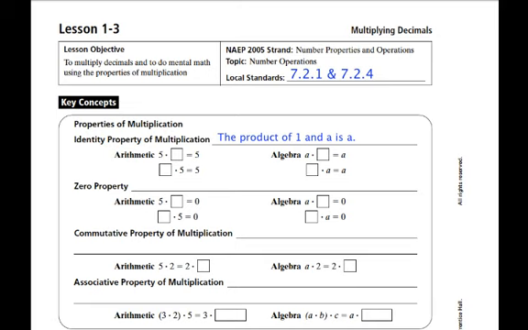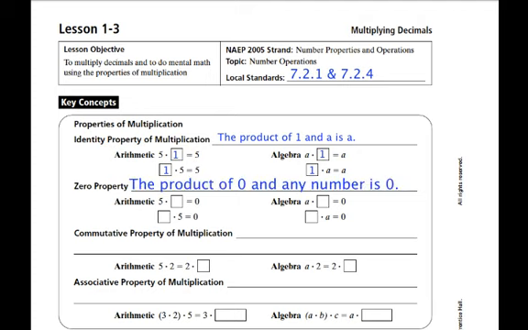We're going to multiply by 1. 5 times 1 equals 5. 1 times 5 equals 5. A times 1 equals A, and 1 times A equals A. So when we multiply anything times 1, we're going to get the same number. You've known that for a really long time. You just didn't know that it was called the identity property of multiplication.